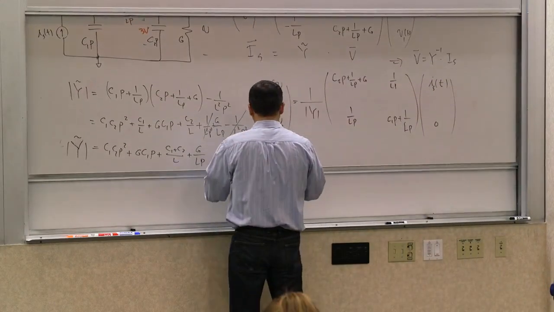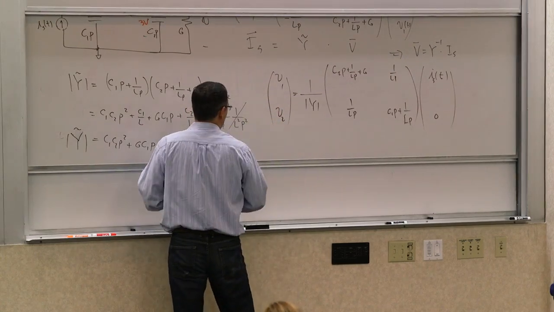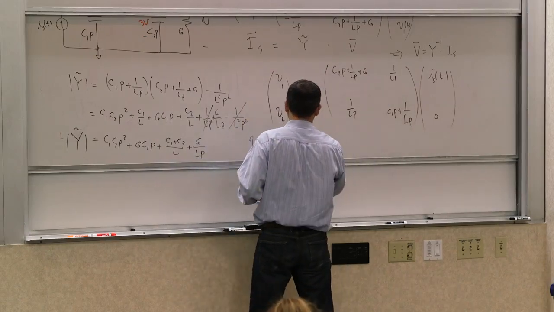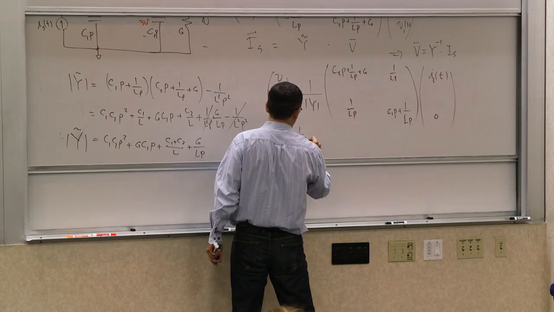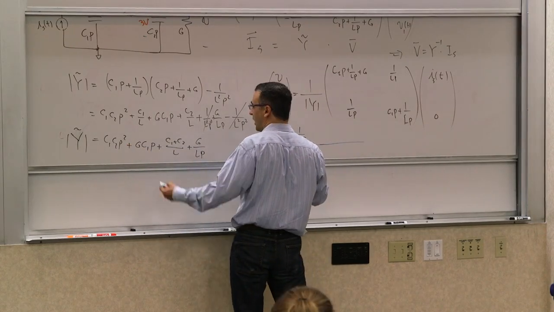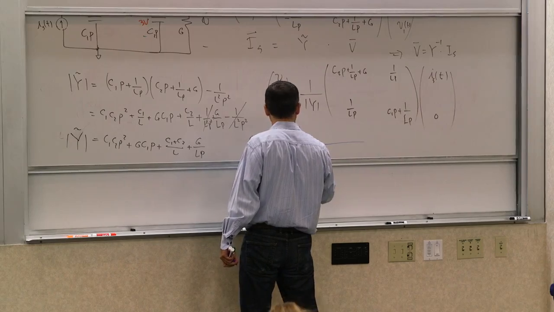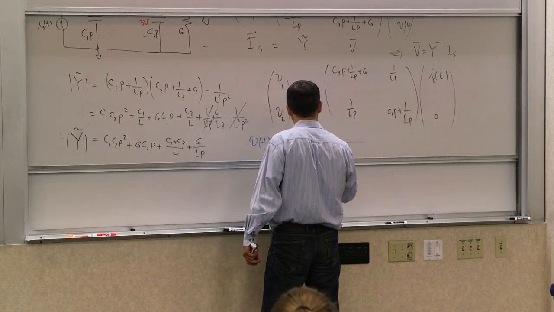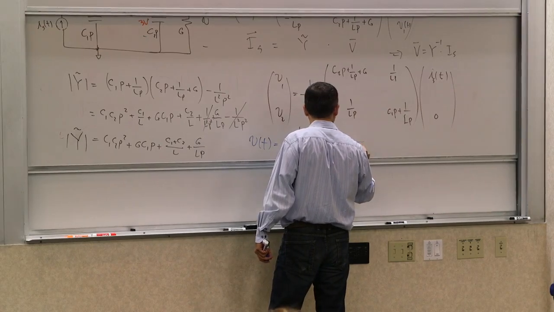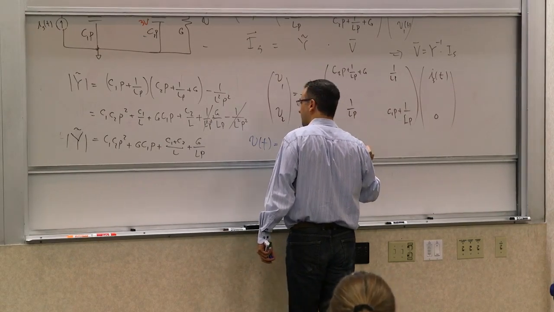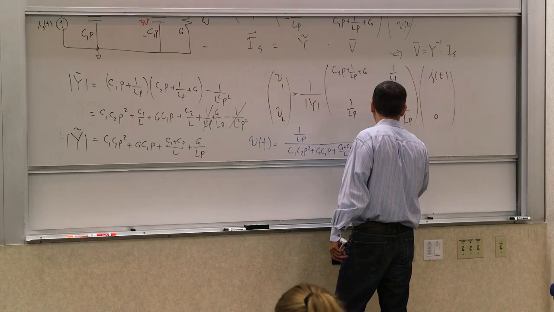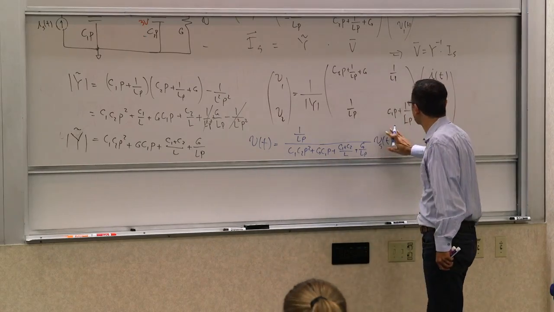So V of t is going to be 1 over LP divided by the determinant of Y, which I can write as C1 C2 P squared plus G C1 P plus C1 plus C2 over L plus G over LP, operating on Is of t.